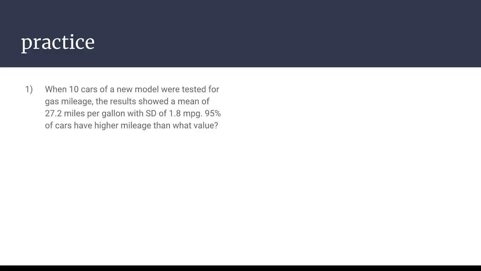Anybody not get it? Okay. Anybody have questions about any of this? So you have to be really careful about what standard deviation you're going to use in this formula, because you can't use the sample standard deviation, because that doesn't work. Because the t distribution is the sampling distribution.